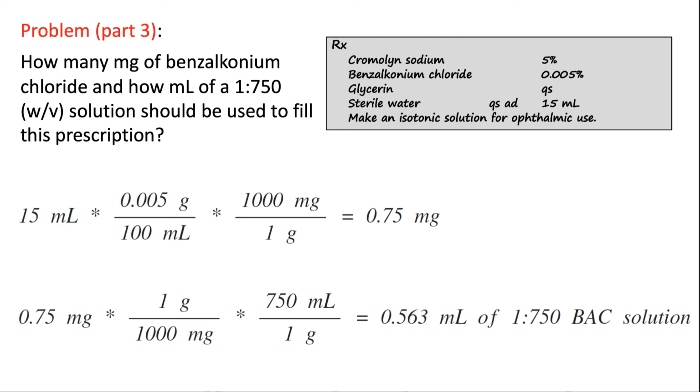So let's multiply it by the concentration expressed as 750 milliliters on top over every 1 gram, so that my units of grams cancel. And if I do that math from left to right, I should get a final answer of 0.563 milliliters. And that's the volume I would need of my 1 to 750 benzalkonium chloride solution to provide me the 0.75 milligrams required by the concentration of the prescription.